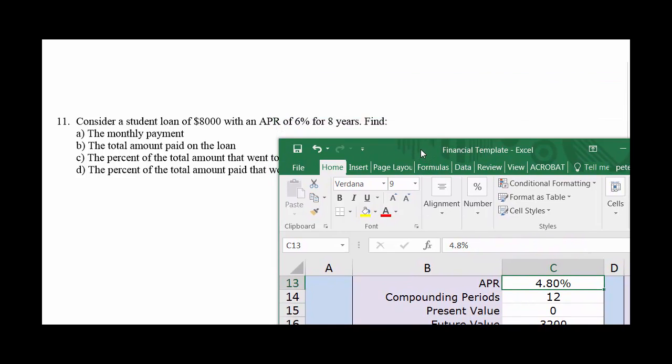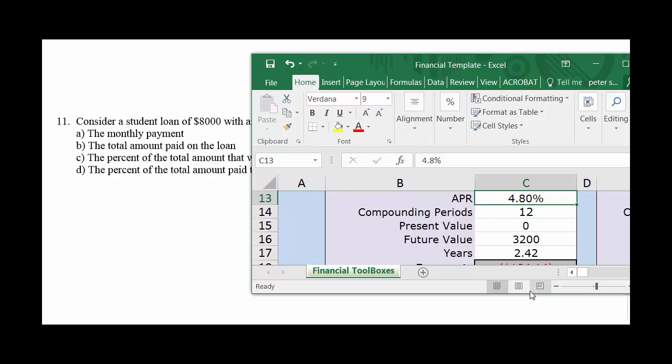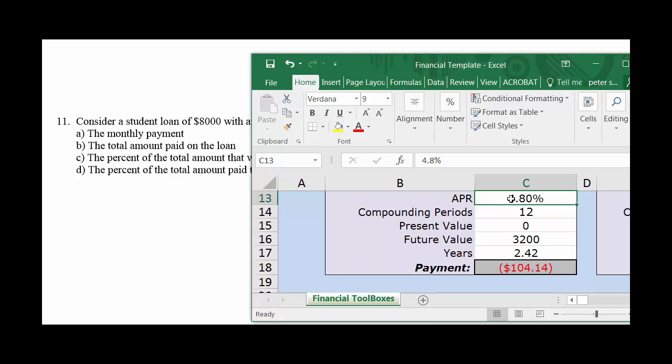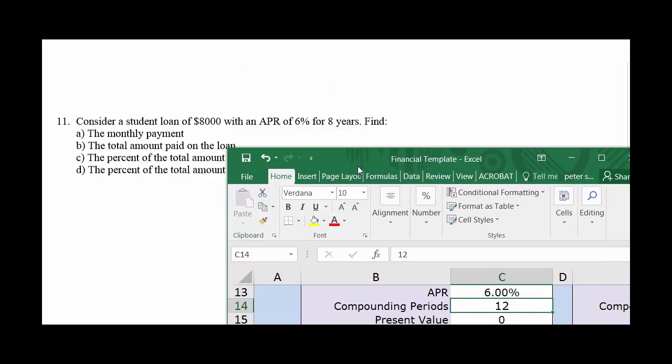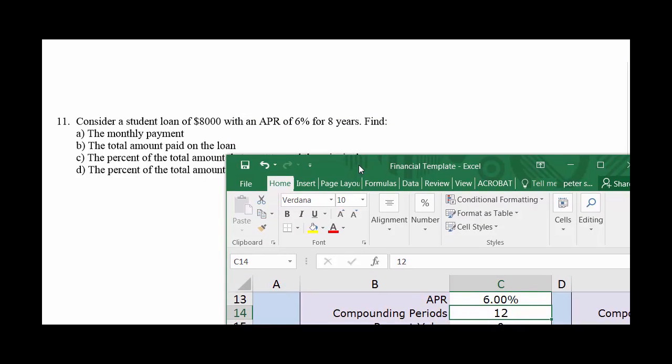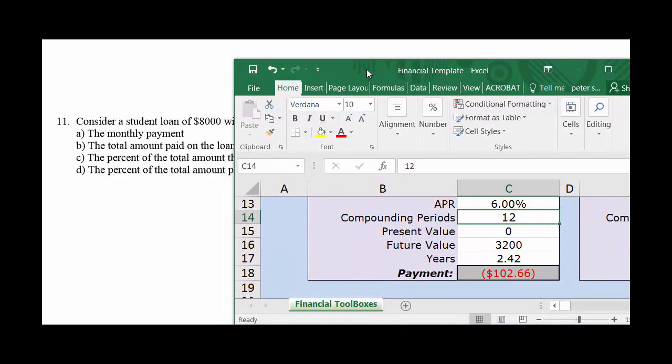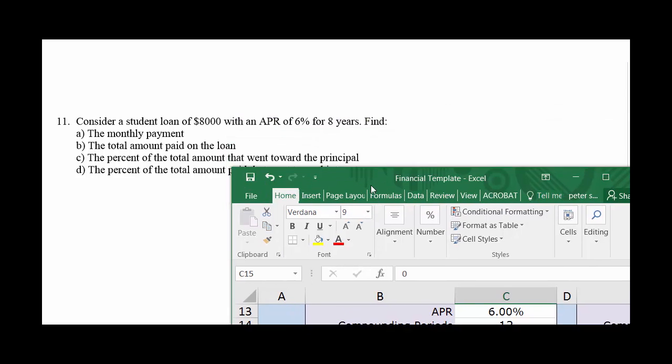APR of 6%. Okay, so 6% compounded student loan. Okay, so because it's a student loan payment, we're going to have to make a payment each month, so it's going to be compounded monthly. Student loan of 8,000.